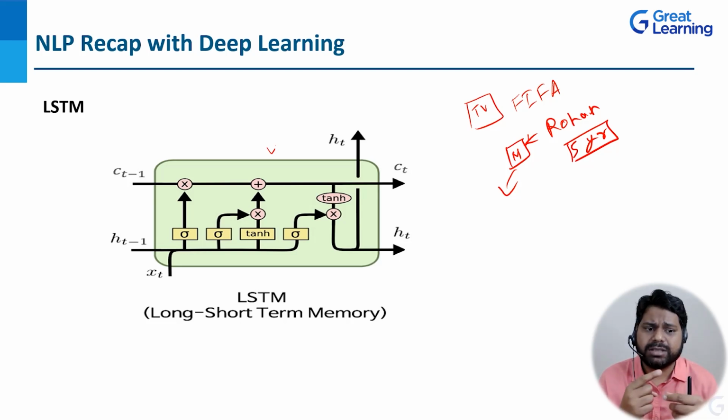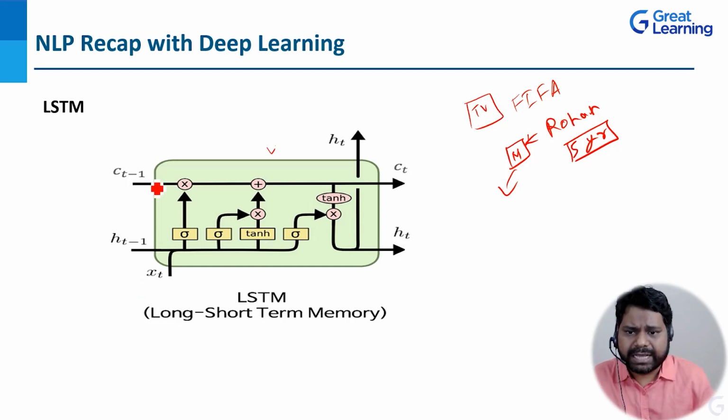Based on those recalls and that information, you started responding to the opponent, or to Rohan. So now let's understand the same example with this LSTM architecture.